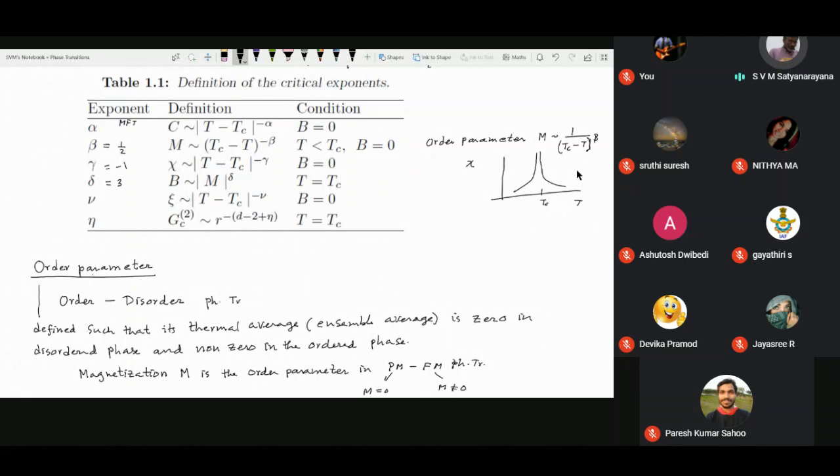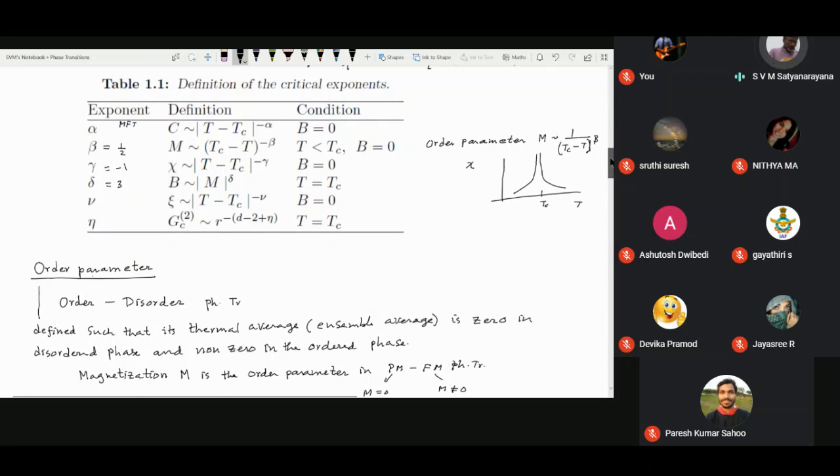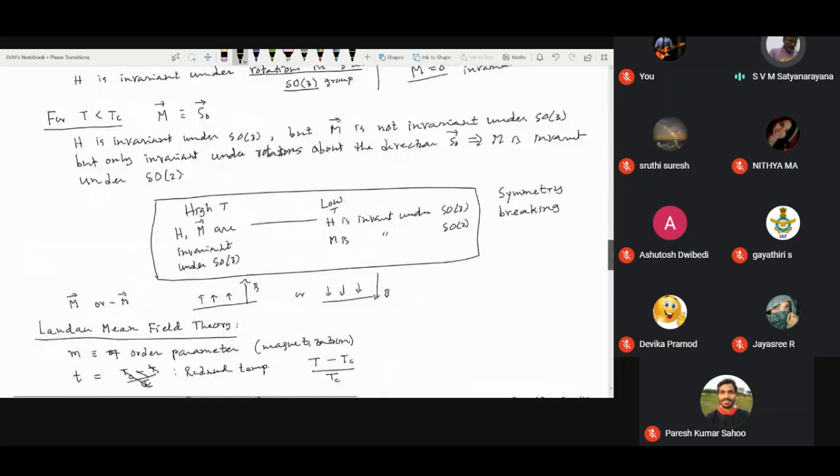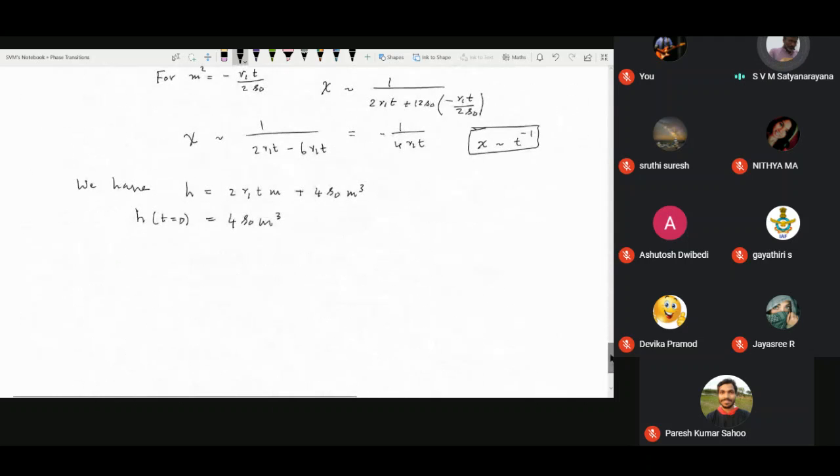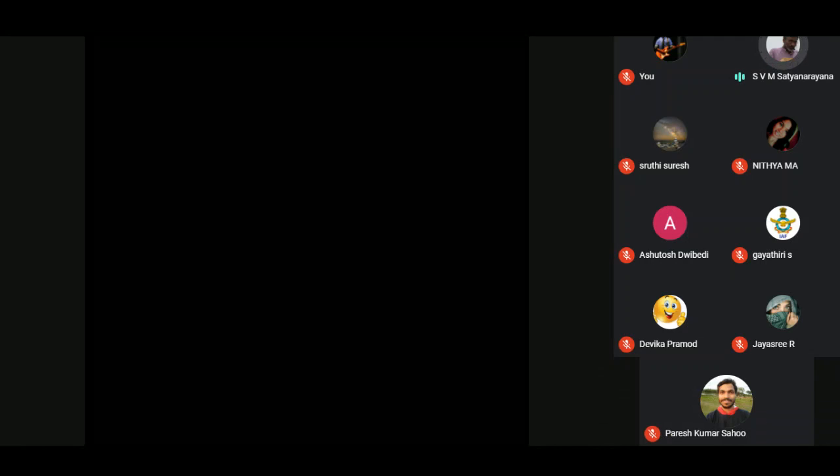Okay, you can actually also talk about other exponents, but this is how, using a mean field theory, you can get critical exponents. But as I told you, these critical exponents are not the same as the exponents that we get experimentally. Exponents that we get experimentally are somewhat different.